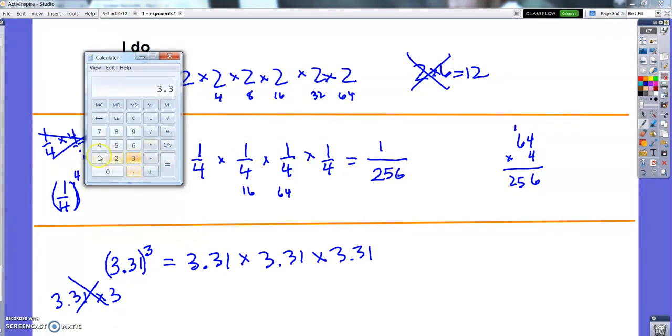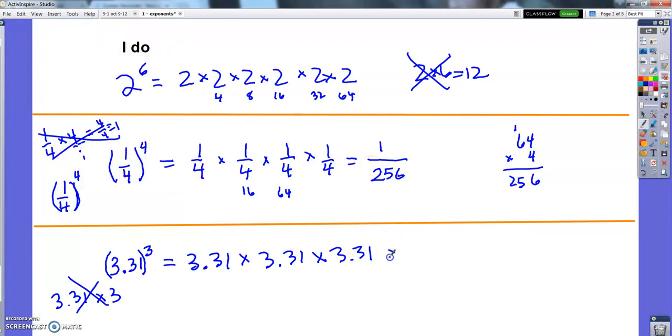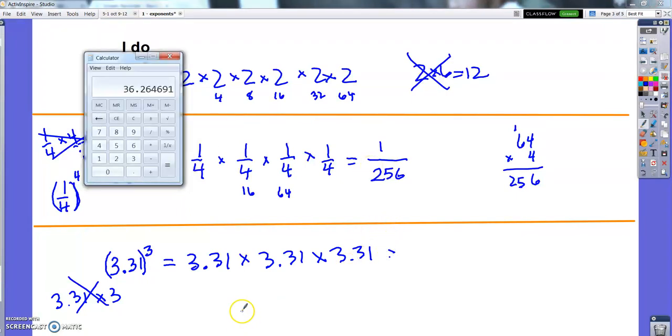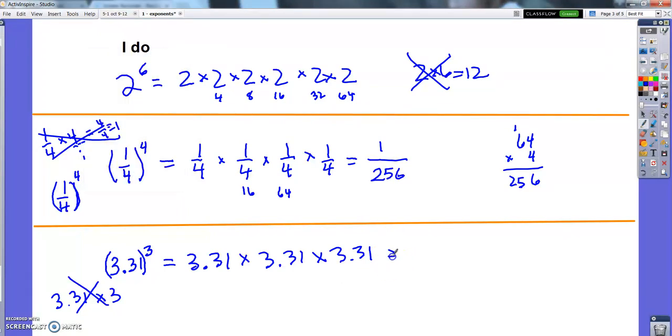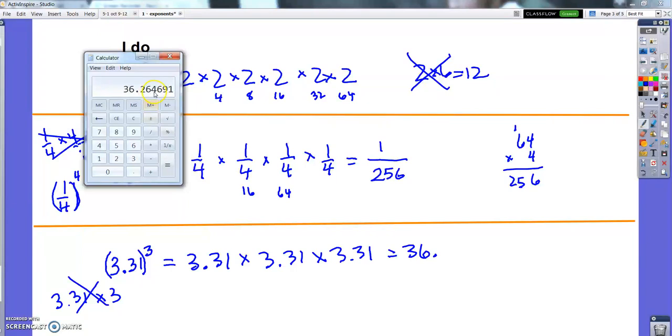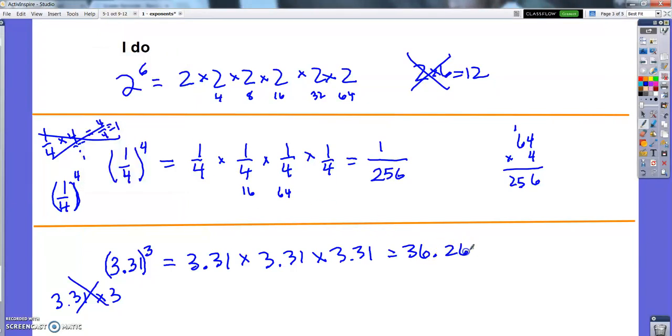So 3 31/100ths to the 3rd power is a long thing to write down. 36, and a long decimal. Let's see, 264,691.